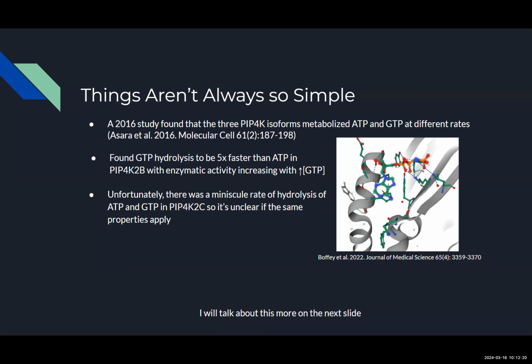A 2016 study found that PIP4K isoforms metabolize both ATP and GTP at different rates. And in the PIP4K2B isoform, it found that it hydrolyzed GTP at a 5 times faster rate than it did with ATP. But unfortunately, it was unable to get a good scale balance for hydrolysis for the PIP4K2C isoform because there's a minuscule amount of enzymatic activity.